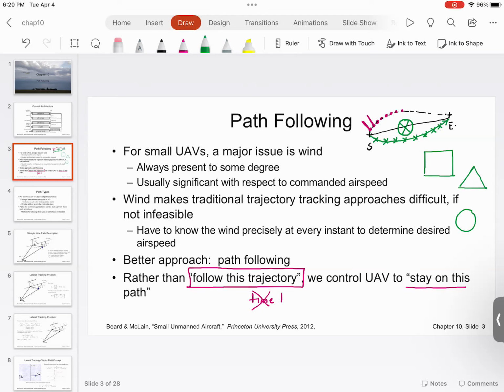But usually the UAVs are not designed to fly under high wind or high wind loading conditions. So you want to keep that in mind, because what's going to happen is because of the wind, the UAV path will be different. So you would have to continuously correct the UAV path so that it approaches the designed or the required path.